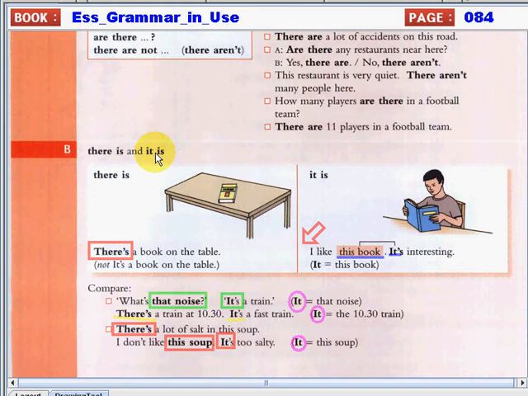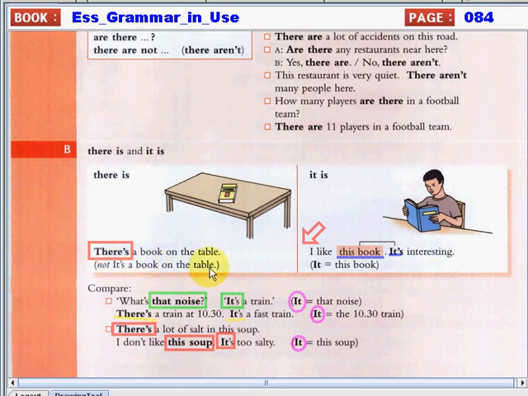Let's look at the first picture. In this picture, we will use there is. There's a book on the table. There's is a contraction of there is. We use this because there is only one book on the table. You cannot use it's a book on the table.